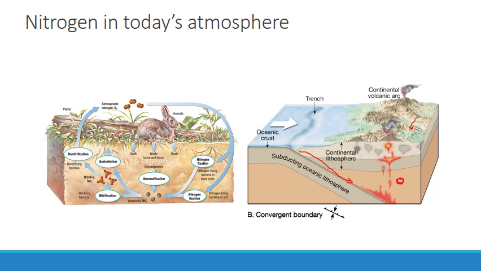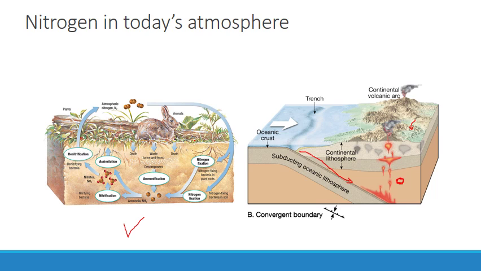But once it's free in the atmosphere, this is a cartoon of the nitrogen cycle on this side of the slide. You can see that there are a bunch of different processes that help maintain that 78% nitrogen in the atmosphere. Living things, it's a key component of a lot of living things.